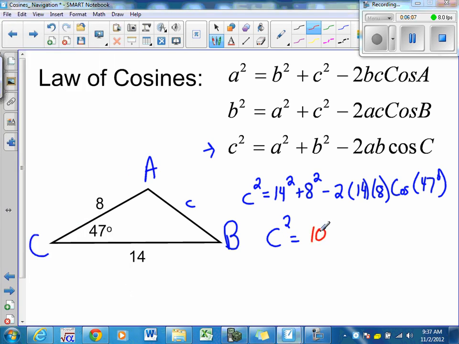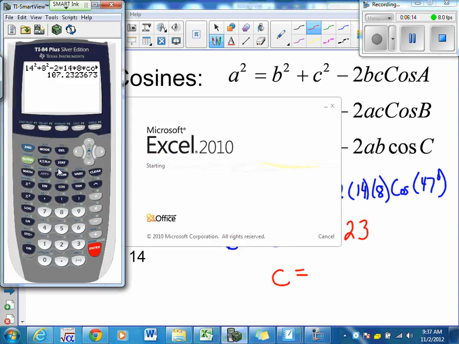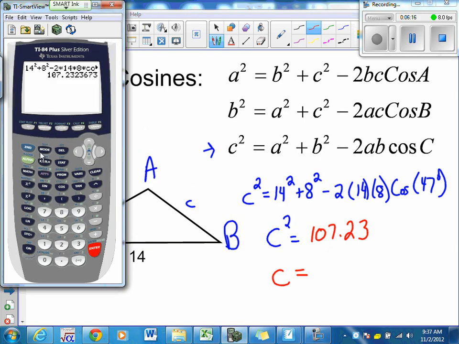So c squared is 107.23. To find c, I just do second square root. I'm just going to do second answer. I'm not even going to type in 107. So now I take the square root of that answer, and I get 10.355.